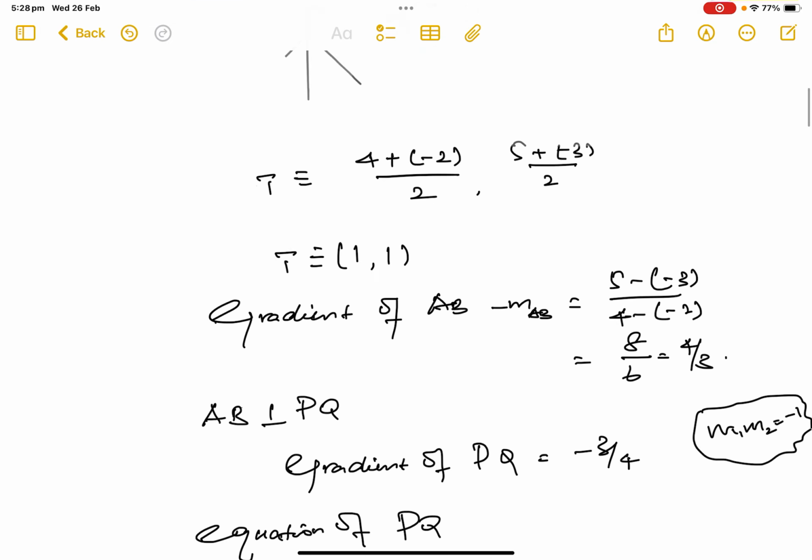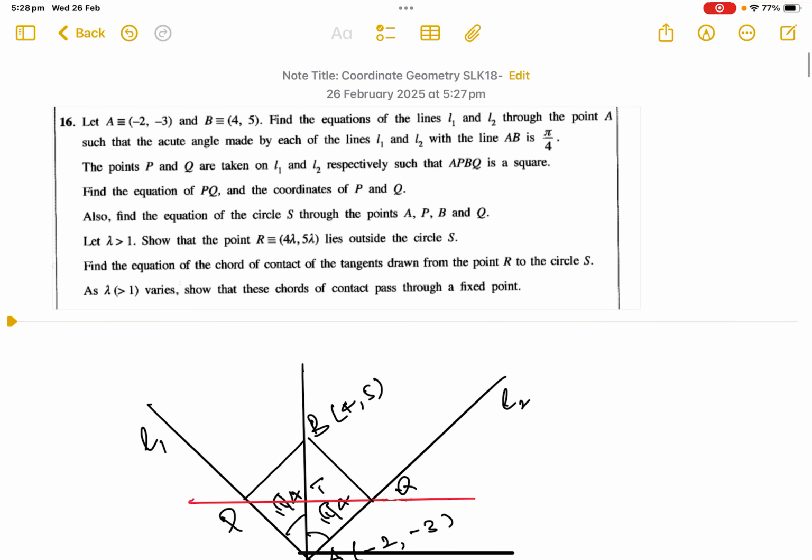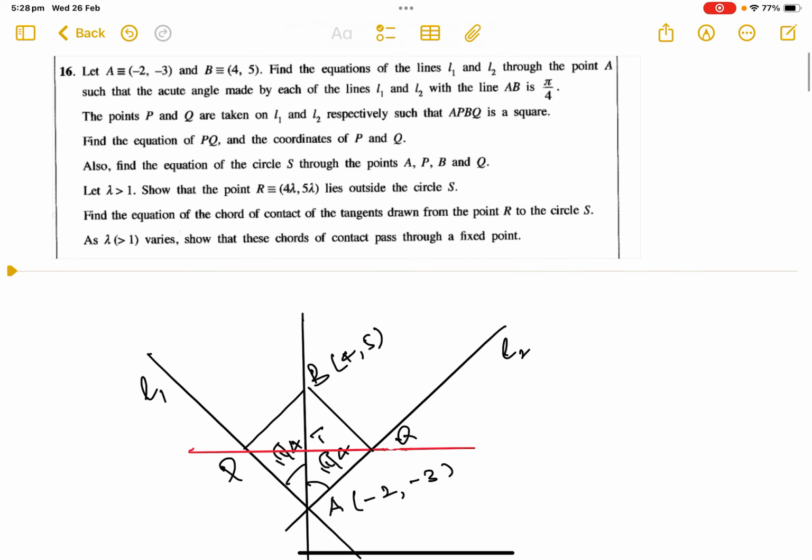The circle equation is found. And further, find the equation of the chord of contact of the tangents drawn from the point R to the circle. Of course, R should be outside anyway.